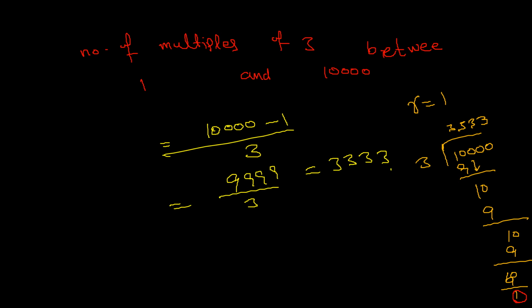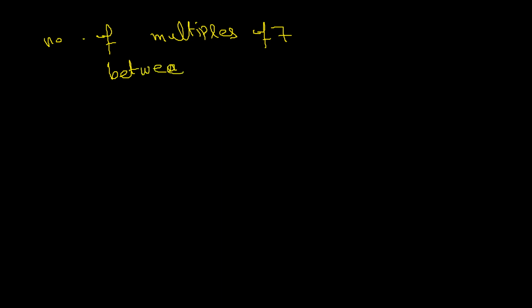Next, the number of multiples of 7 between, let's say the same range, 1 and 10,000.